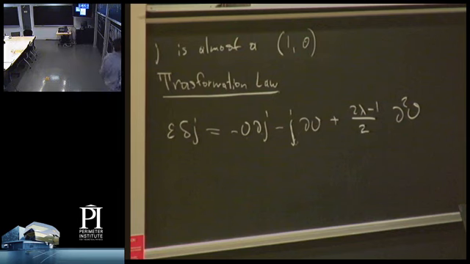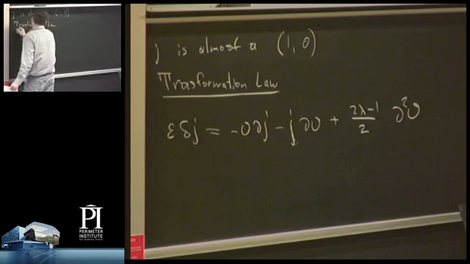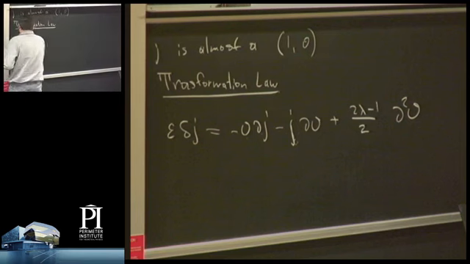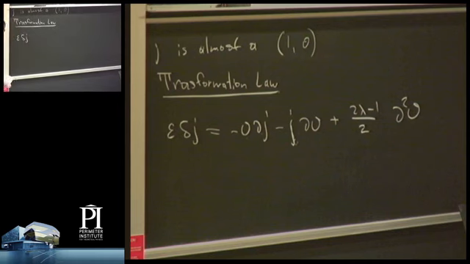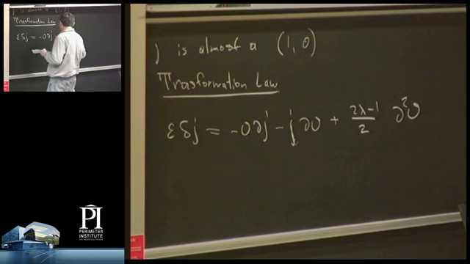How does our Bose current transform under the classical transformations? So the transformation law: epsilon delta J is minus V del J minus J del V.